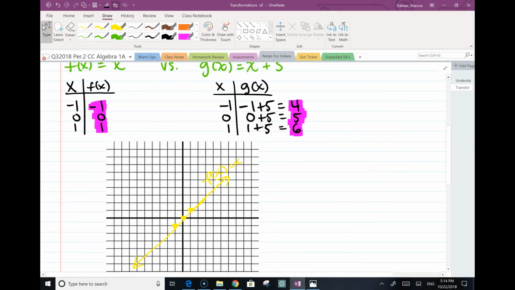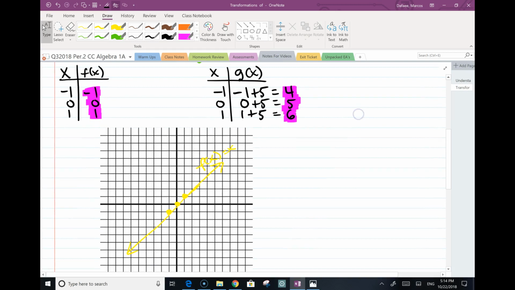Now, the other one, g of x is equal to x plus 5. Well, if I were to graph that, I'd have to use negative 1, 4. So that would be over here, negative 1, and then up 4, 1, 2, 3, 4. Then 0, 5, which would be 1, 2, 3, 4, 5. And then 1, comma 6, which would be 1 over and 1 up from there.